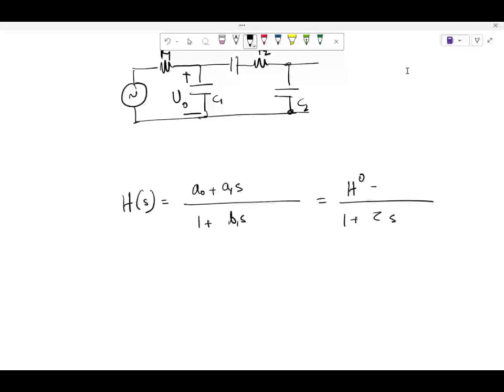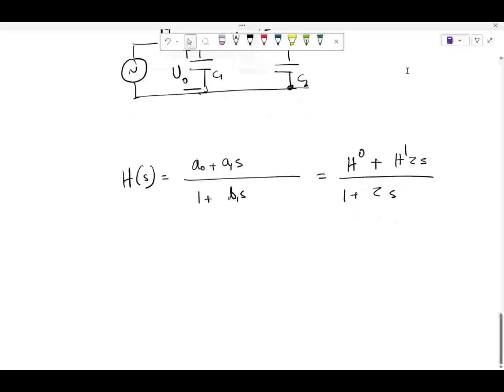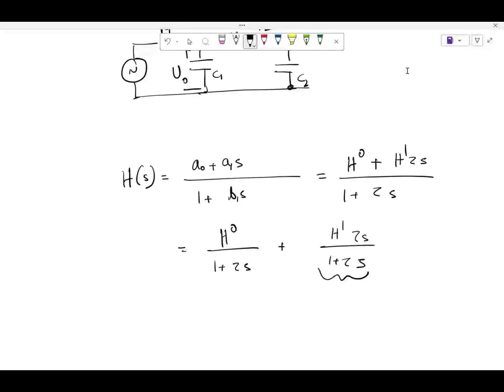And in the numerator, I'm going to have H1 times tau s, right? So I can break it down into two formats, and this second term I can reduce further.